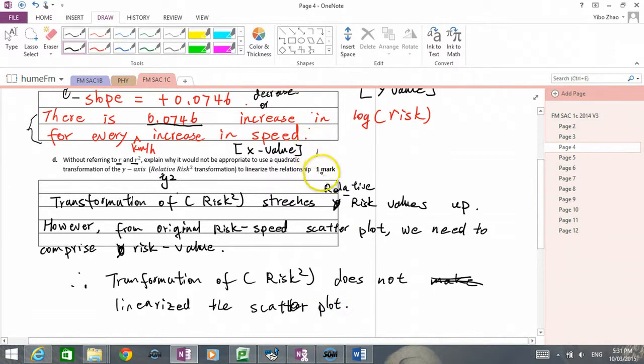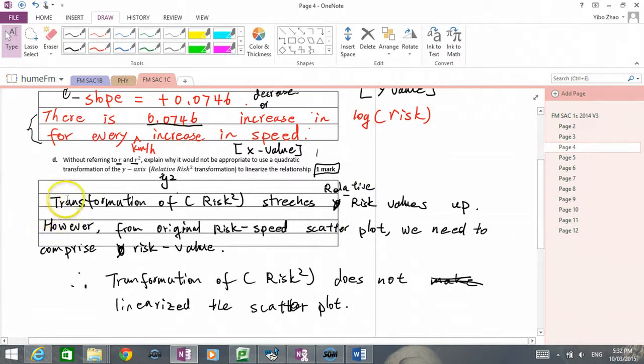In this SAC, which is last year's SAC, this is a 1-mark question. However, in the end of year exam, for this much explanation, they would put 2 marks.